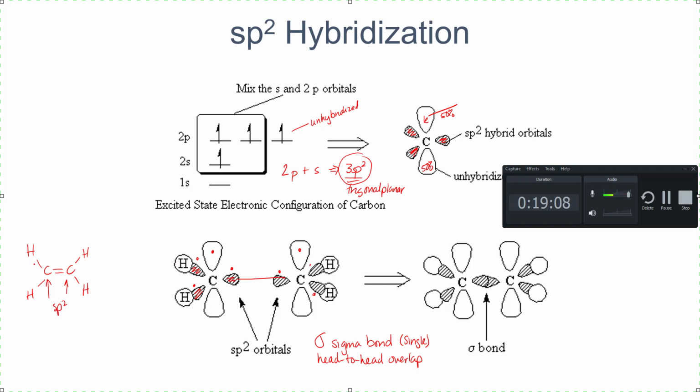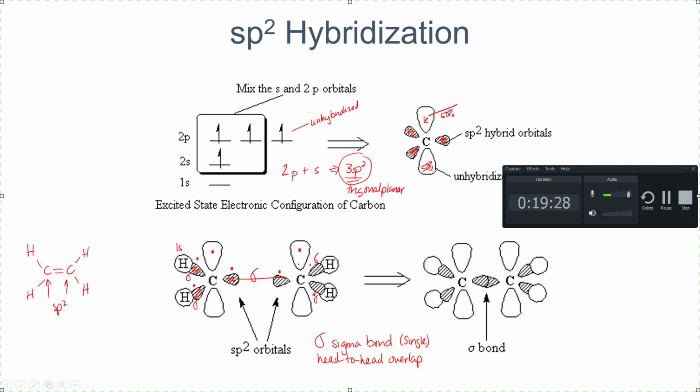And the carbon-hydrogen bonds are overlapping the 1s orbital and the sp2 hybrid orbital. So we've got a sigma bond here, a sigma bond there. We're going to form a sigma bond, the carbon-carbon bond, another sigma bond, and another sigma bond.